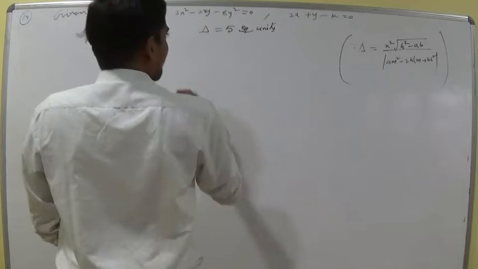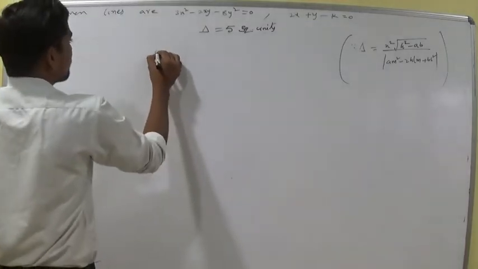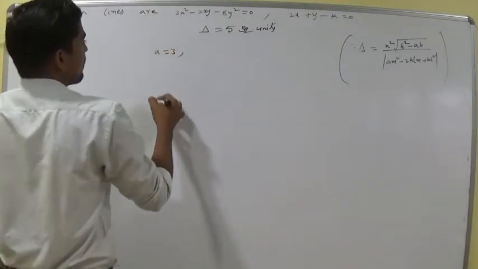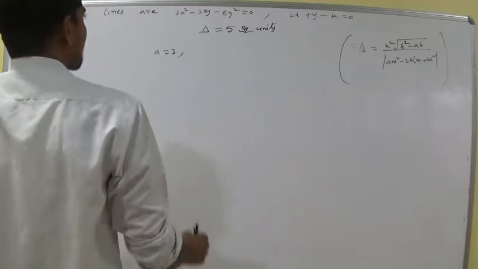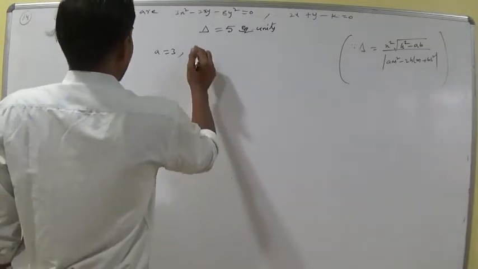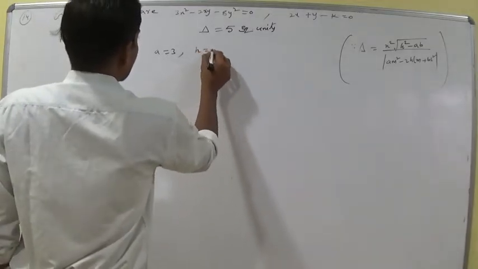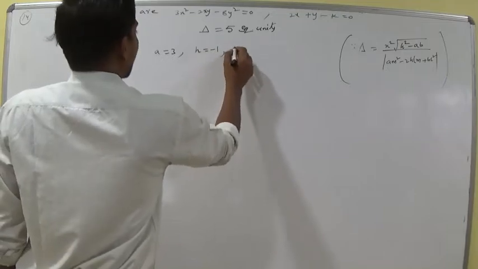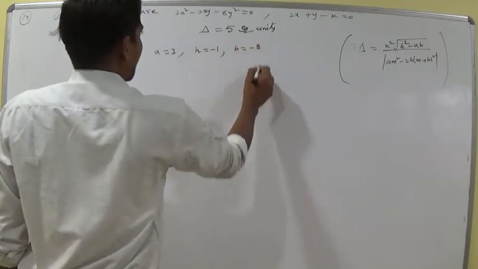Here a equal to 3, h is equal to minus 1 and b is equal to minus 8.